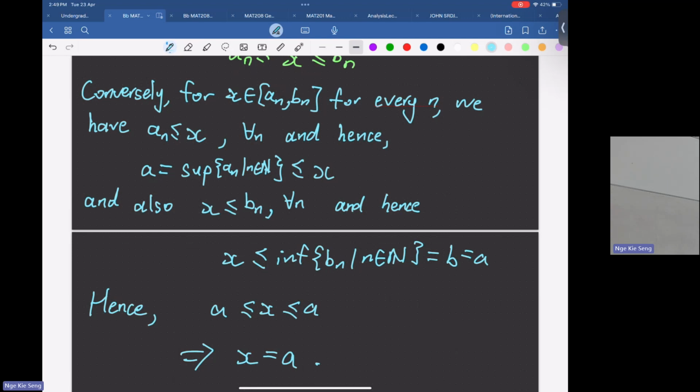Similarly for infimum. Okay, infimum is the greatest lower bound. So it must be greater than or equal to all the lower bounds because X is one of the lower bounds. Okay. Yeah, so by the trichotomy law, X can only be A. Anti-symmetry, sorry. Yeah, sorry. Anti-symmetry.